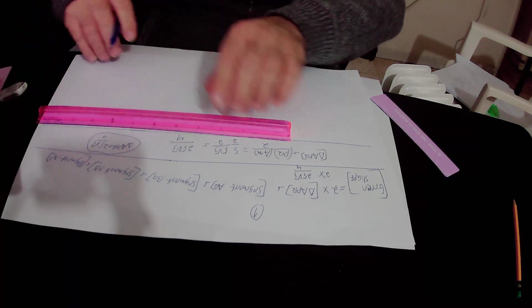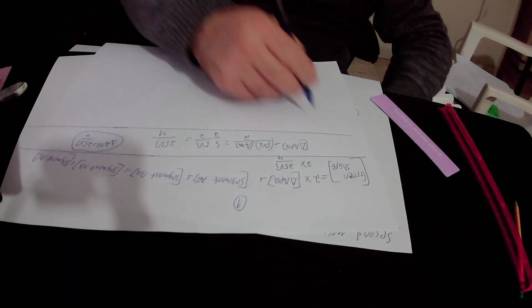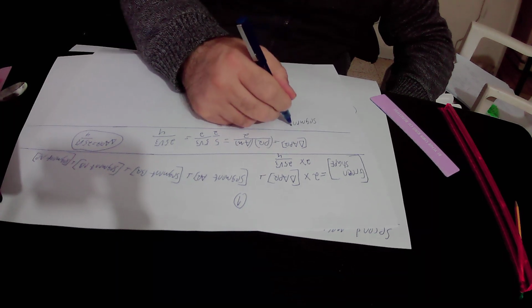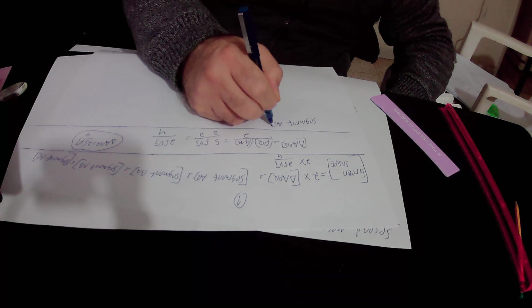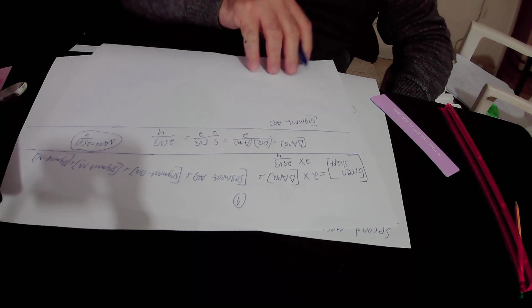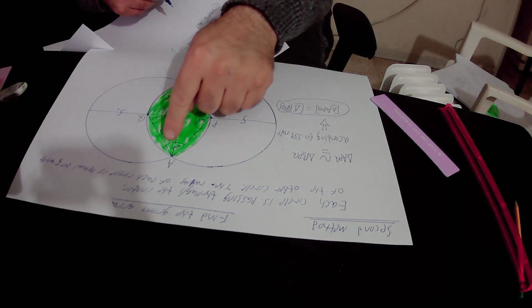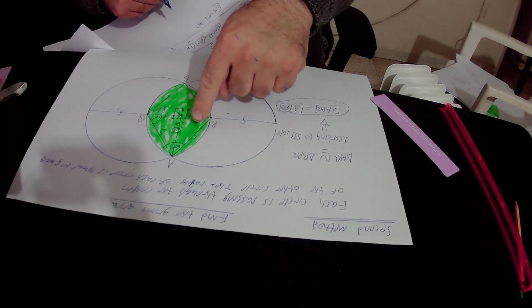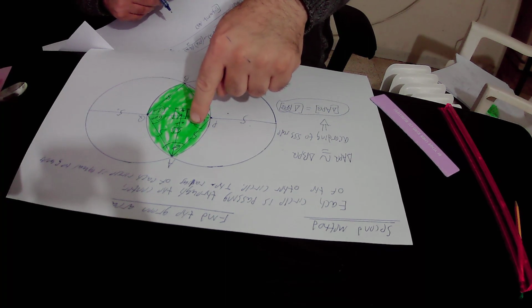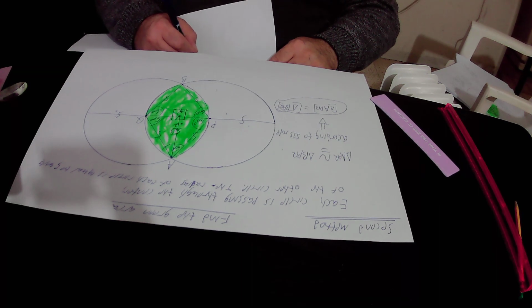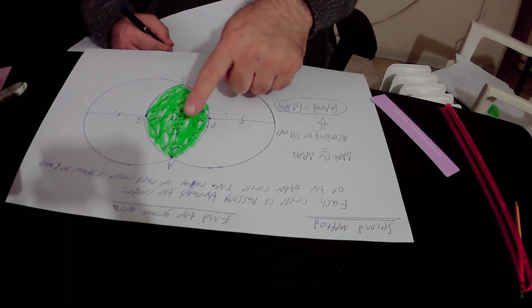The area of segment AQ equals the area of sector APQ minus the area of triangle APQ.